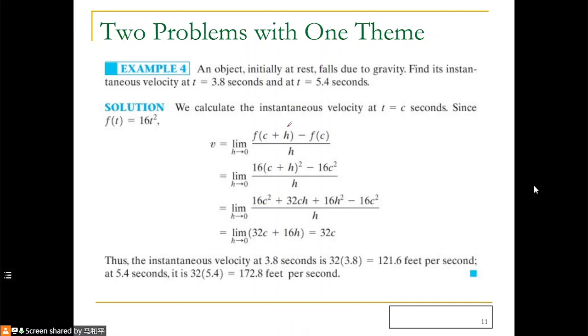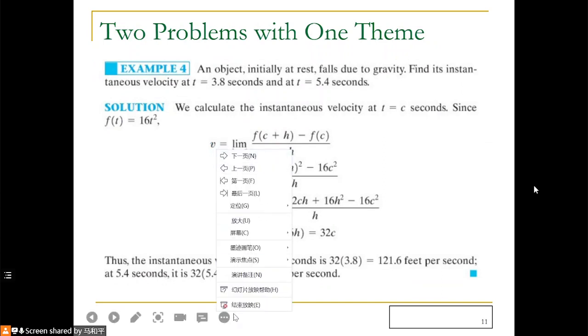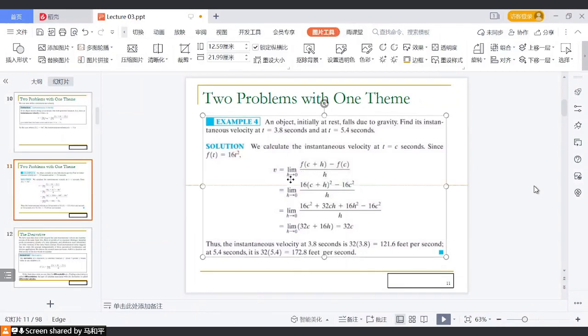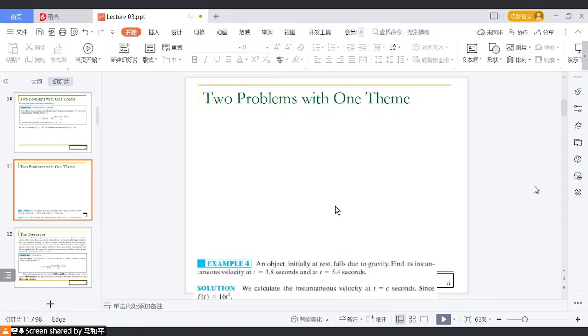Here is one. You can try to finish exam 4. This is an object, in Chinese 初始的, initially at rest, falling due to gravity.